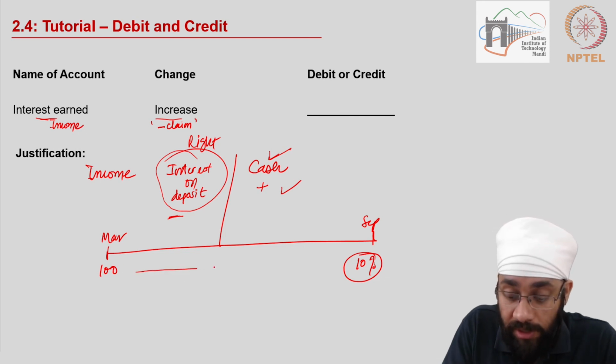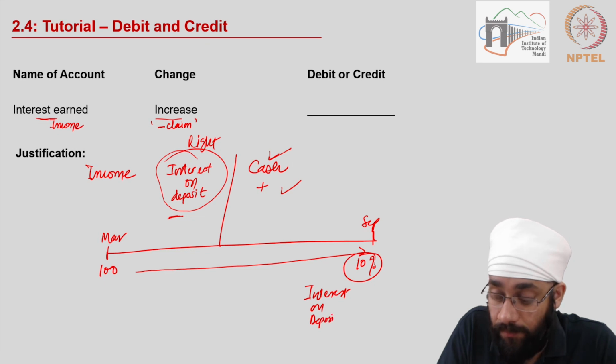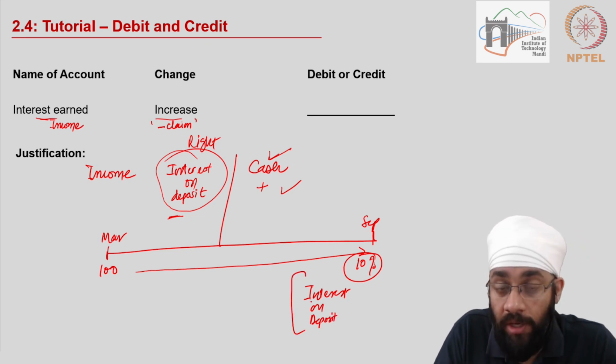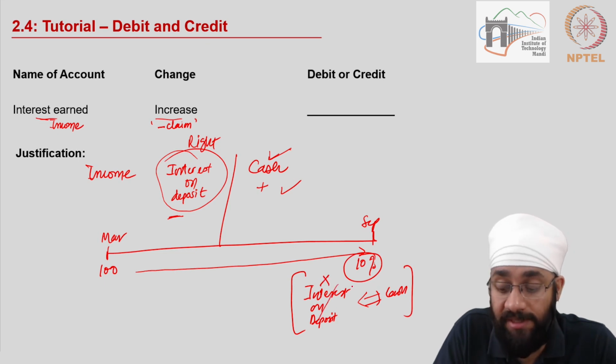Now during this time you have increase in the claim. Interest on the deposit. Now bank pays you against this interest on deposit. The money has been paid to you. Now this right goes down. Now this right has been cancelled.